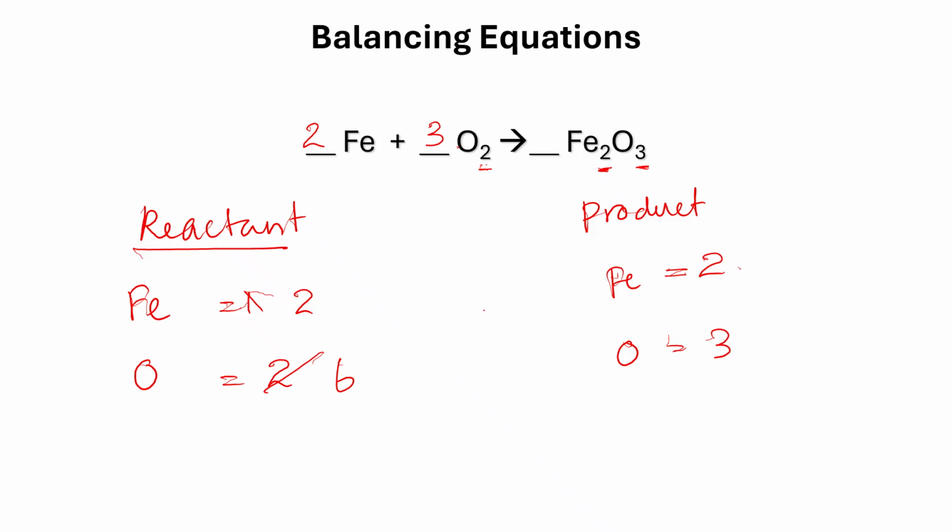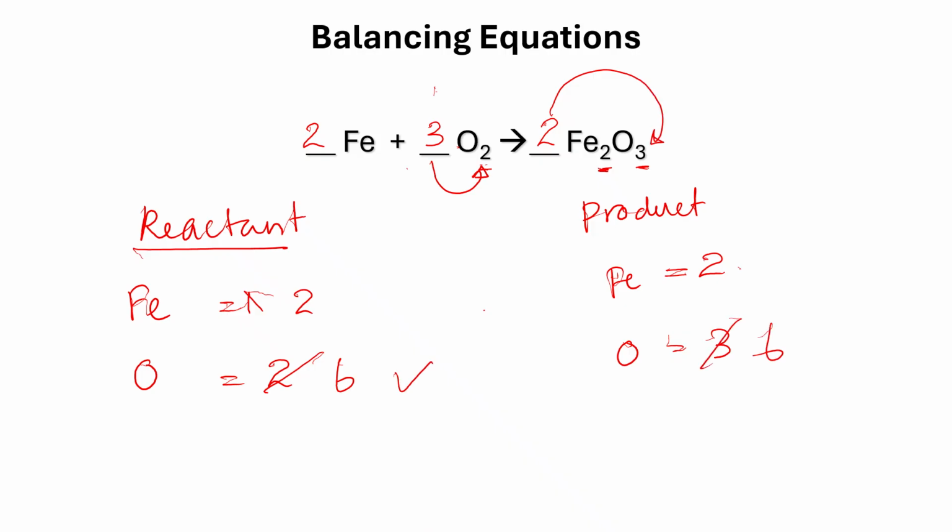So that means when you put a coefficient in front of this diatomic molecule, this tells you 3 times 2, there are 6 oxygens. If you have 6 oxygens in the reactant side, now you can make it 6 by adding 2 in front of iron 3 oxide, because 2 multiplied by this gives you 6 oxygens.